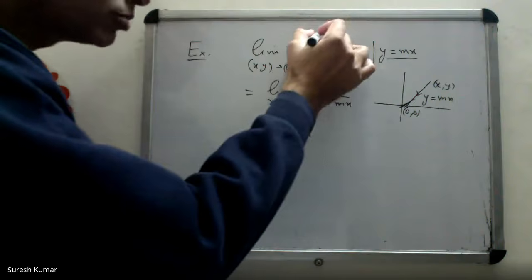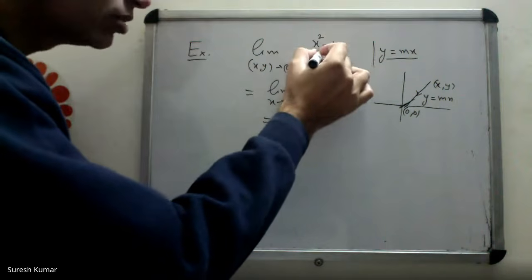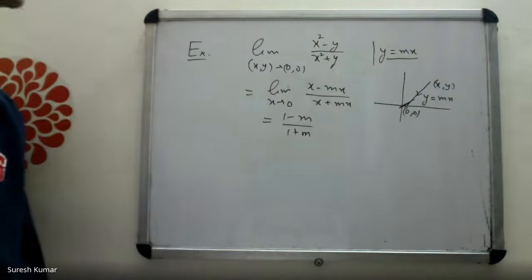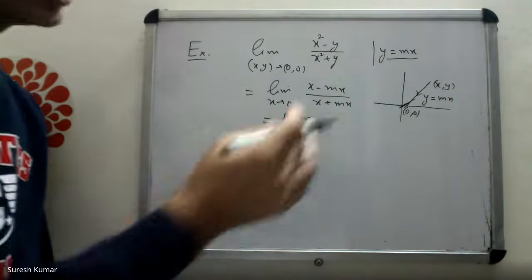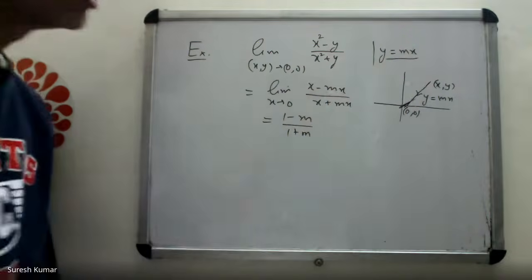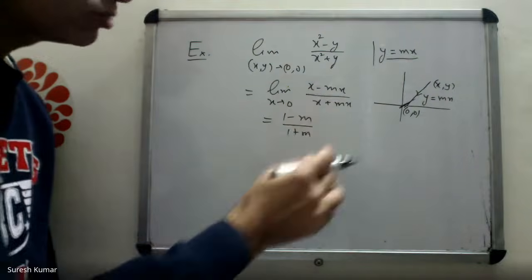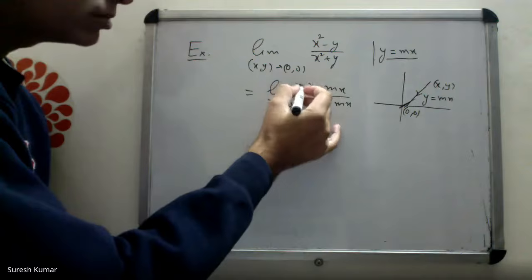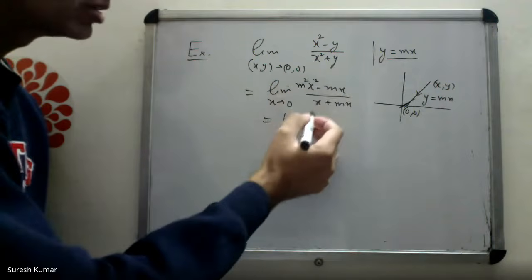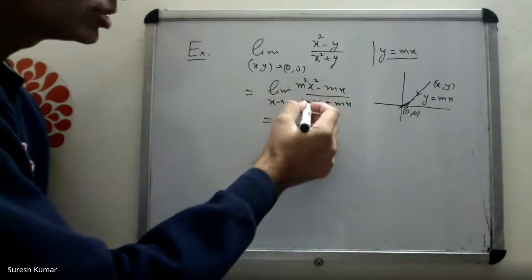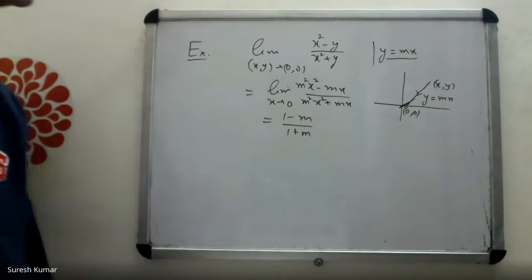Suppose I change this problem, x square minus y over x square plus y. Many students will again use this path without thinking. Okay? If you use the same path, what happens? It is m square x square, and denominator also m square x square.